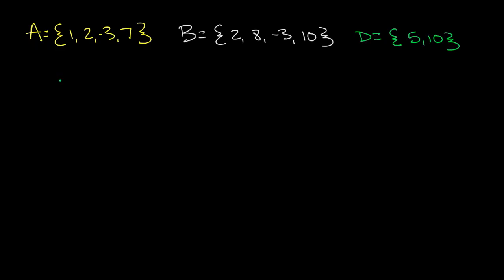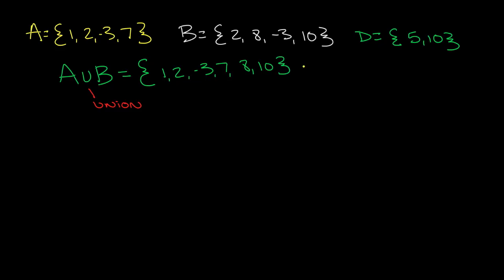A, and this funny upside down intersection symbol, A union B, this is read union. If intersection has the idea of and in here, union you should think of as the idea of or. A union B is equal to the set of things which are in A, or in B, or in both. So it's a much more tolerant condition. So in this case, this will be 1, 2, -3, 7. 2 is already in A, so we don't have to write it again. 8, 10.